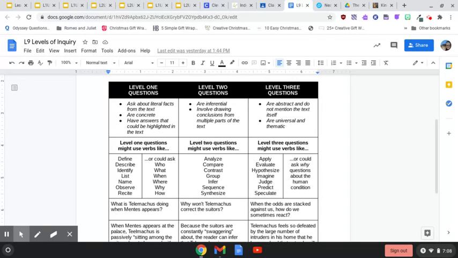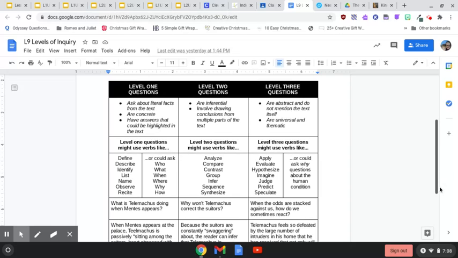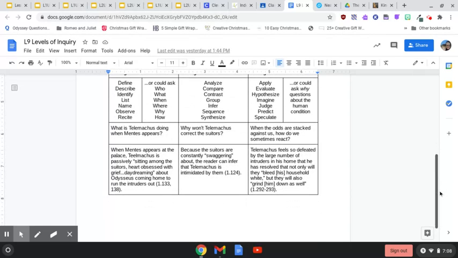Such as, what is Telemachus doing when Mentes appears? And the answer is, when Mentes appears at the palace, Telemachus is passively sitting among the suitors, heart obsessed with grief, daydreaming about Odysseus coming home to run the intruders out.